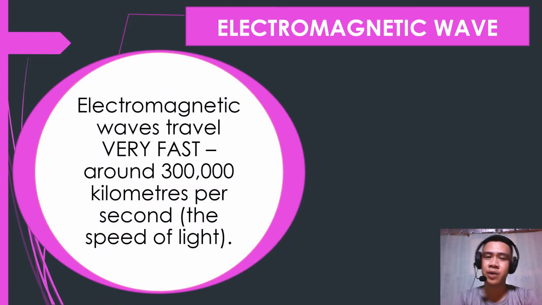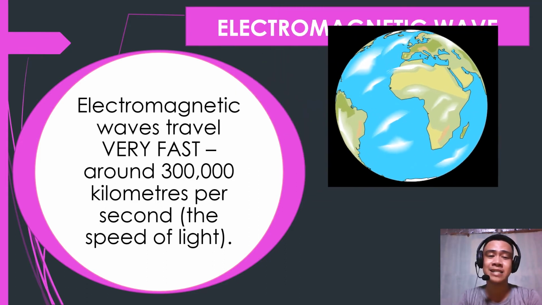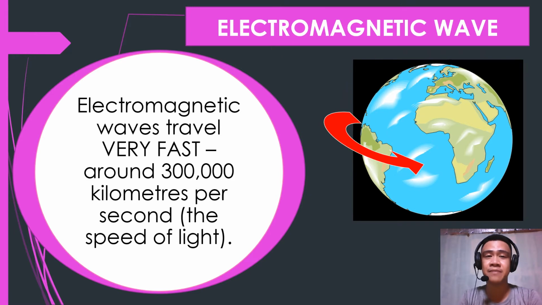Also, electromagnetic waves travel very fast, around 300,000 kilometers per second, which is equivalent to the speed of light. At this speed, they can go around the world 8 times in 1 second. Imagine if you were an electromagnetic wave, you could travel around the world 8 times in 1 second.